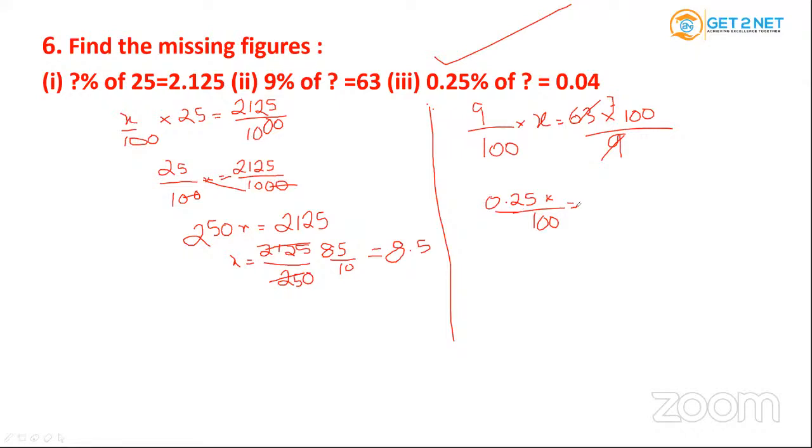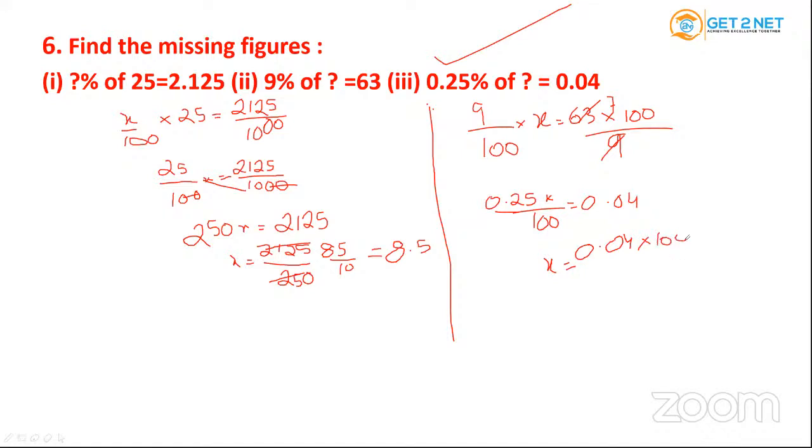Now if I go by the above method, x is equal to 0.04 into 100 divided by 0.25. Clear?